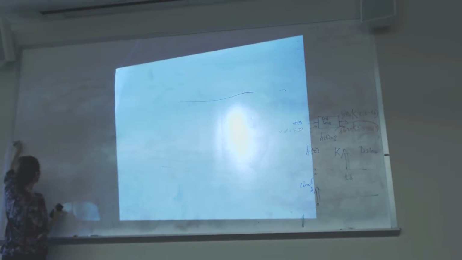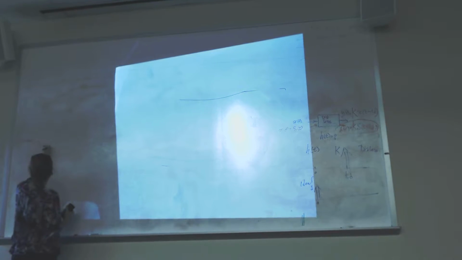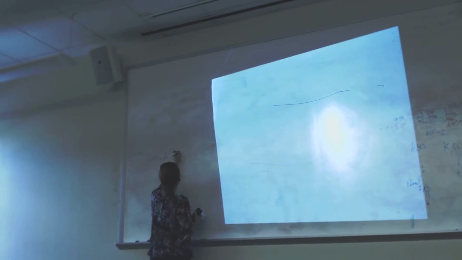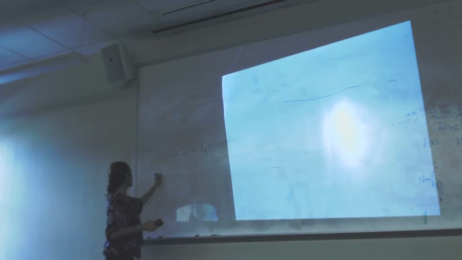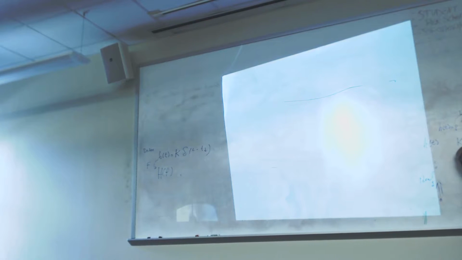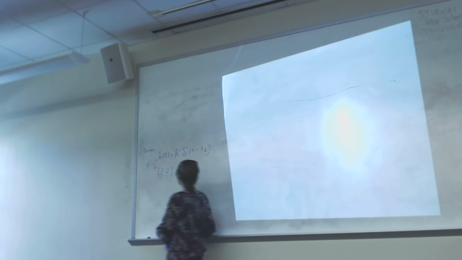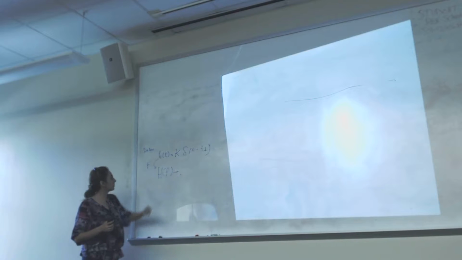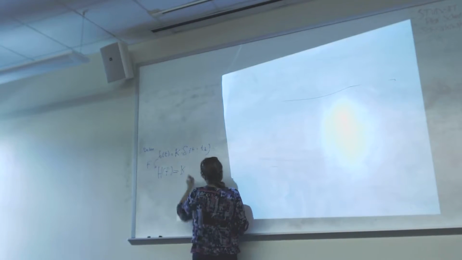So this is the summary for a distortionless system. What would be H of f, the corresponding H of f? Take a Fourier transform. The constant is just a scale by k.